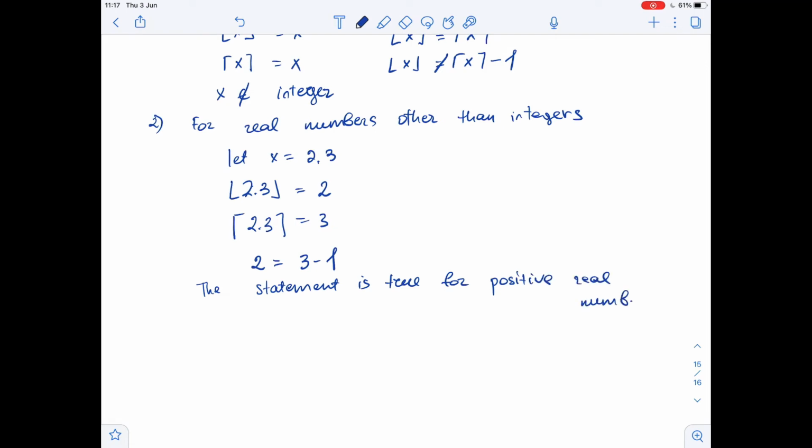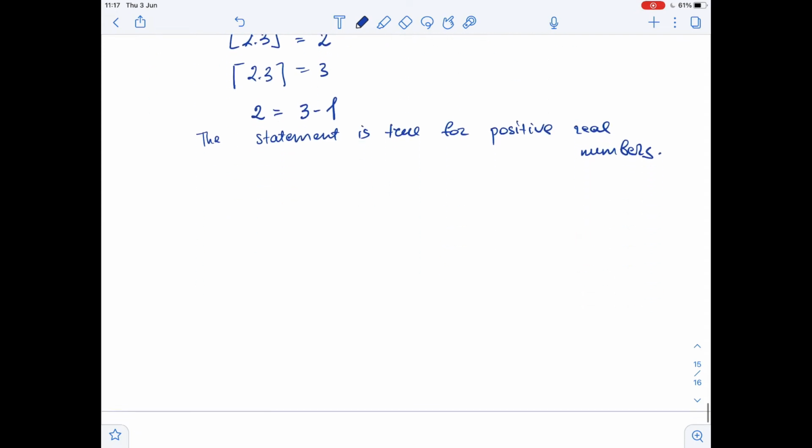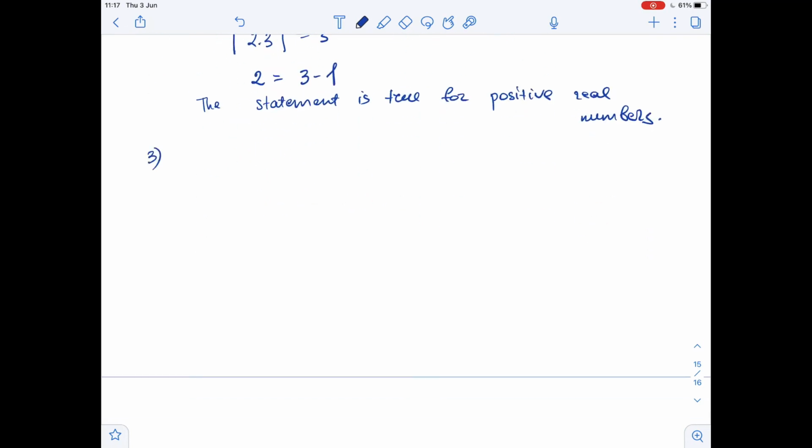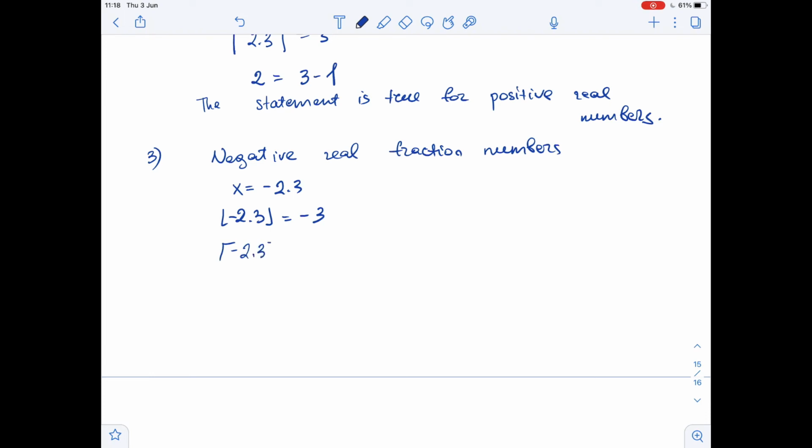Well, now we need to look at the negative real numbers, which are not integers. So case 3, negative real fraction numbers. Here we will let x be negative 2.3, then the floor function of negative 2.3 is equal to negative 3, and the ceiling function of negative 2.3 is equal to negative 2.